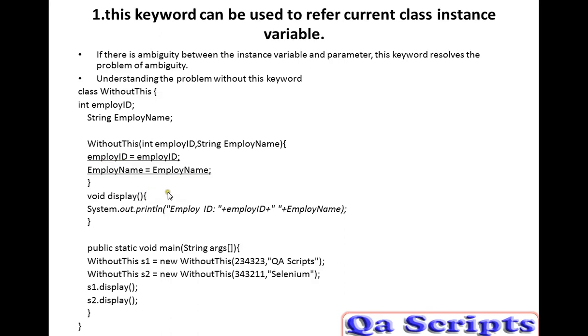So when I create one more method, that is display, and when I try to display the value of employeeID and employeeName using System.out.println, and if we pass the employeeID as well as employeeName as a parameter when we start creating object, this will not be able to produce the result, or it will not be able to print the employeeID and employeeName when we execute this piece of code.